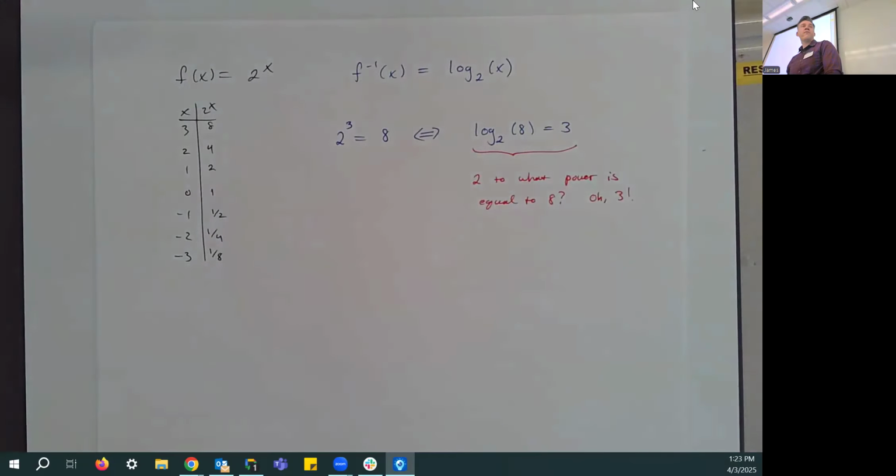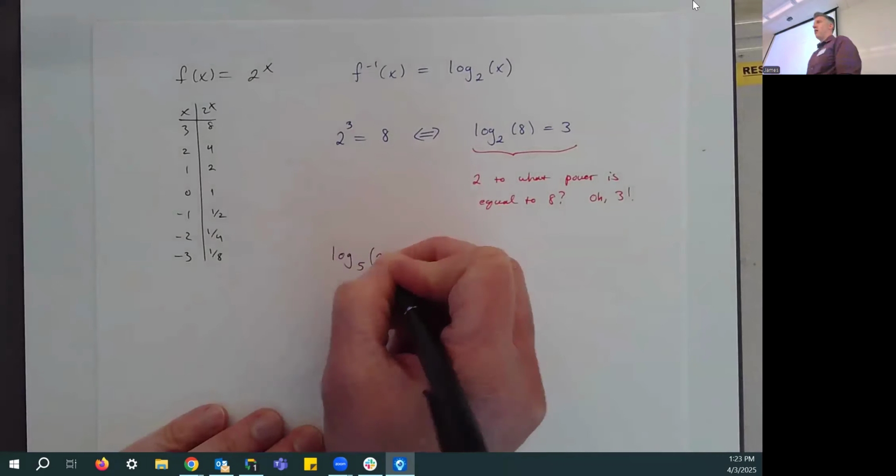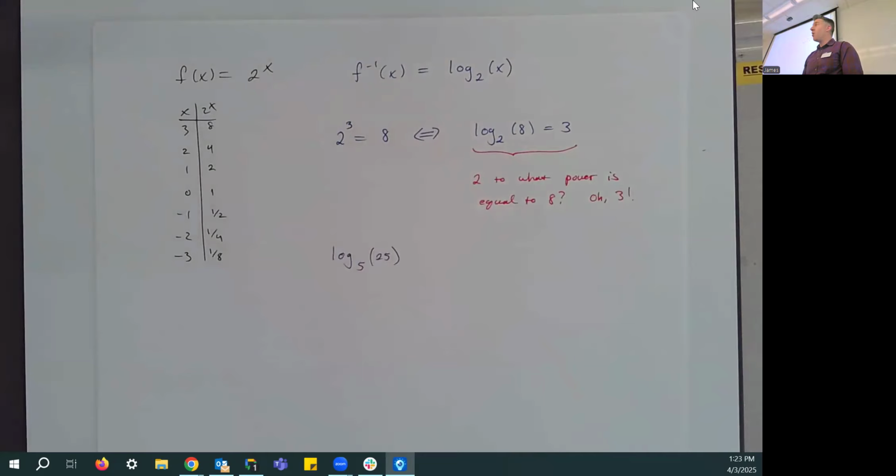So when you're finding a logarithm, what you're really finding is the exponent that you have to raise the base to get the value that's the argument. So when I write log base 2 of 8, I'm saying 2 to what power equals 8? Or if I was writing log base 5 of 25, I would be saying 5 raised to what power or exponent is equal to 25? The answer is not 5, right? We're not looking for 5 times 5. We're looking for 5 to what power?